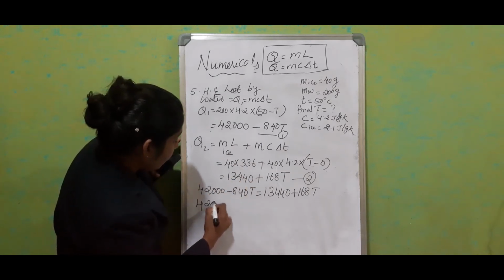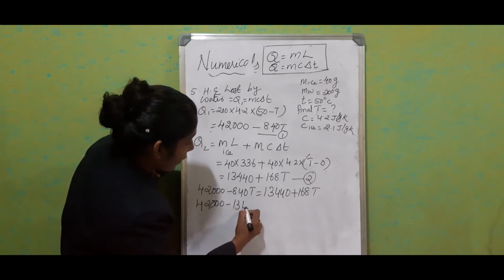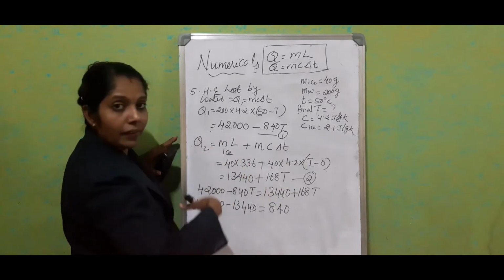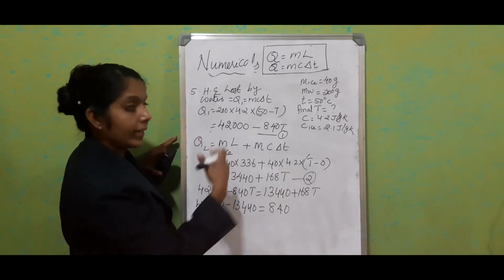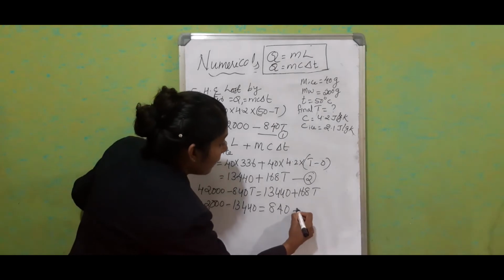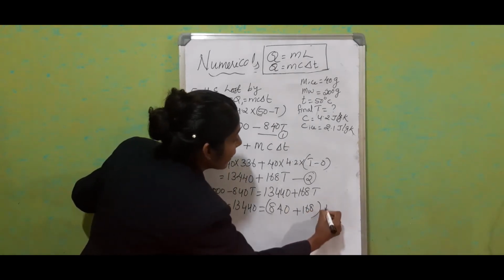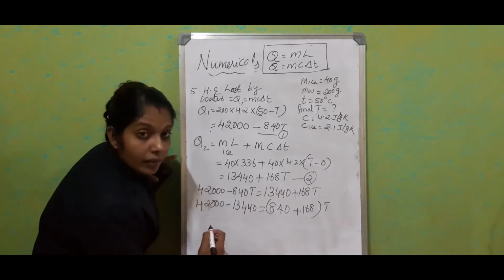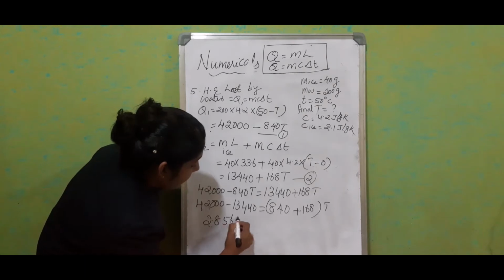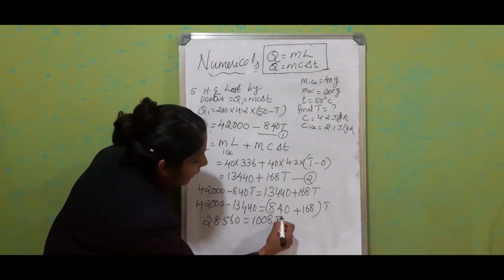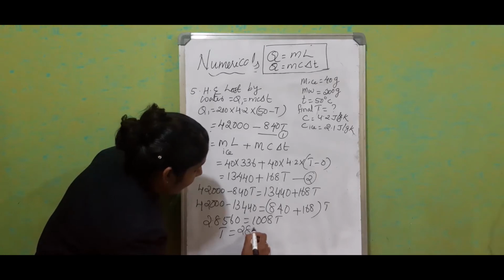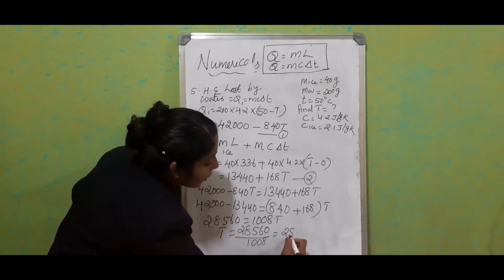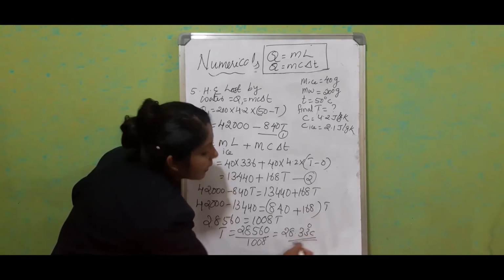So 42,000 minus 13,440 is equal to 840 T plus 168 T, since the negative term moves to the left side and becomes positive. So we get 28,560 is equal to 1008 T, or T is equal to 28,560 divided by 1008. Finally, we'll get 28.33 degrees Celsius.